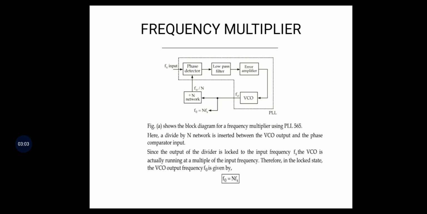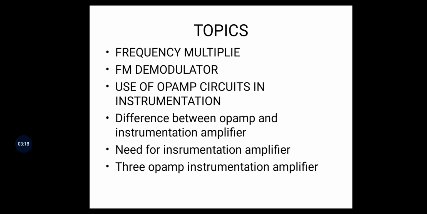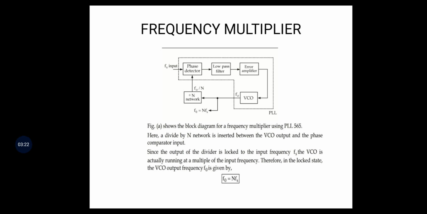Since the output of the divider is locked to the input frequency Fs, the voltage control oscillator is actually running at a multiple of the input frequency.